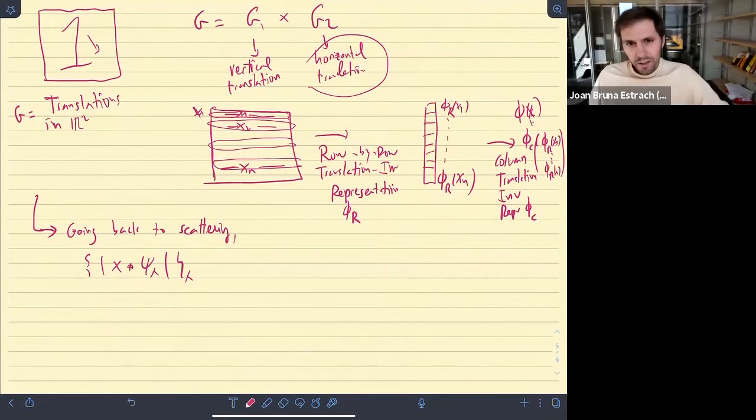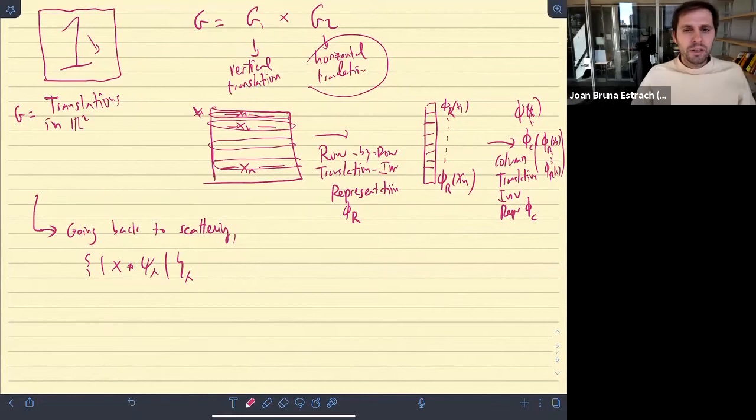Right. So you should really think that when you factorize your group, you should not also factorize your inputs, right? And this is the problem that happened here, right? So here we are essentially saying my input is composed of different channels or different coordinates, and I know that different parts of my group are going to act separately on different things, right? That's the example of the rows.